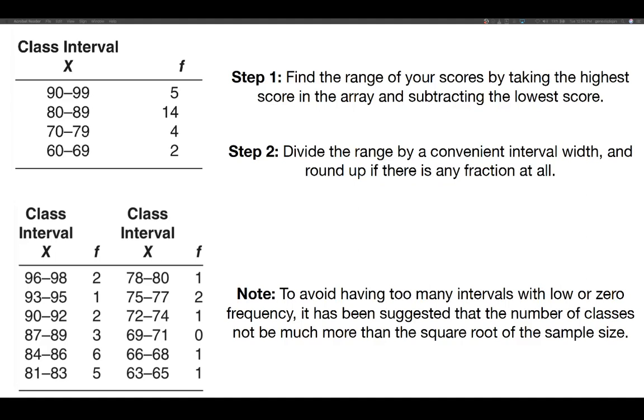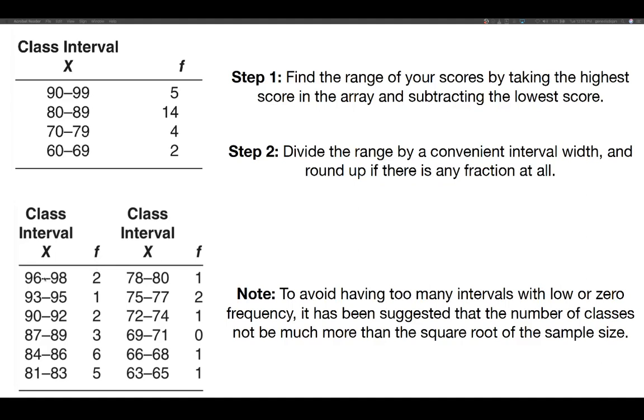And if you divide 36 by a convenient number, which is step 2, we could be dividing 36 by 3, as you can see in our interval width. So we have 96, 97, and 98.